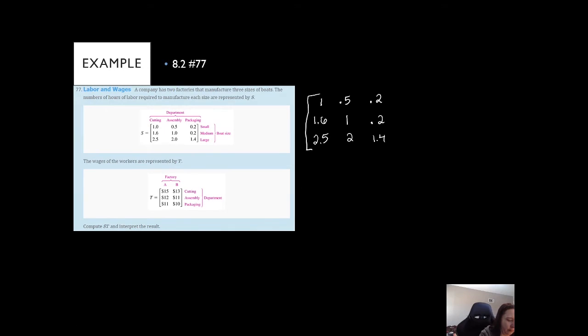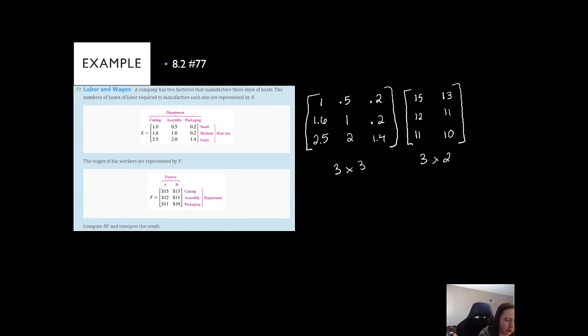And so this is a 3 by 3, 3 rows, 3 columns. And then we're multiplying it by 15, 12, 11, 13, 11, 10. And then this is a 3 by 2.